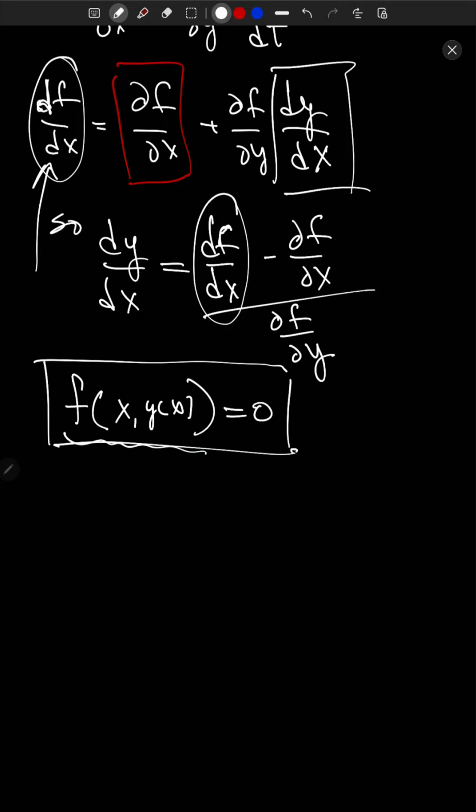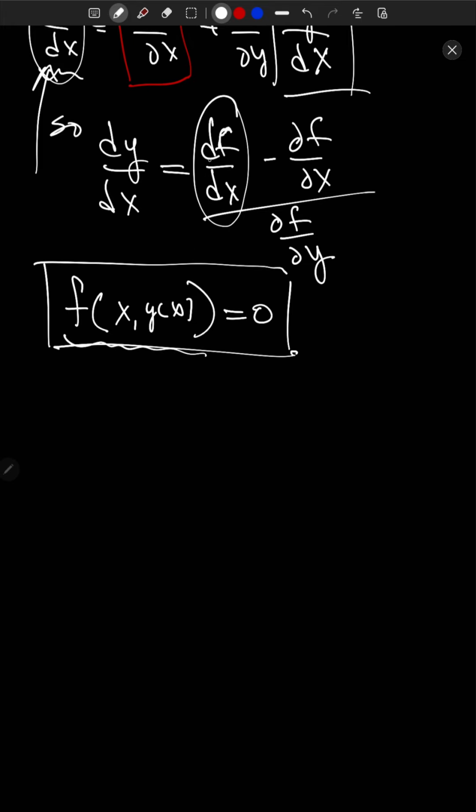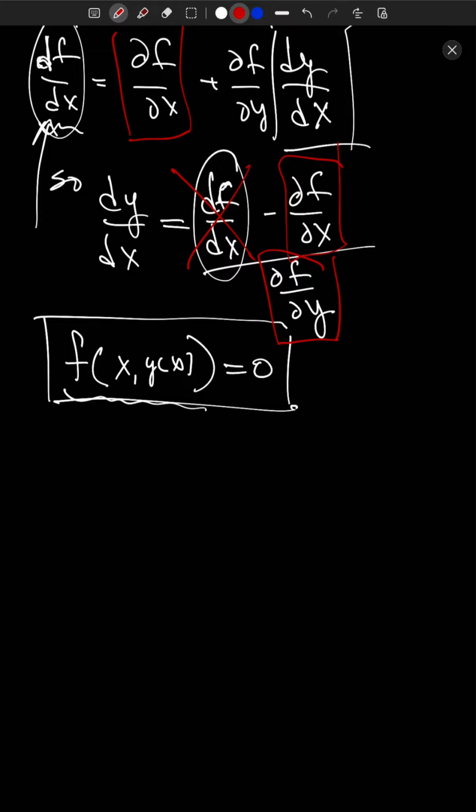And so of course its derivative with respect to x is known to be 0, and that term frequently just goes away. So ultimately, this formula often turns out to be just negative of the derivative of f with respect to x over the derivative of f with respect to y. You'll definitely see something like this when you get to ODEs.